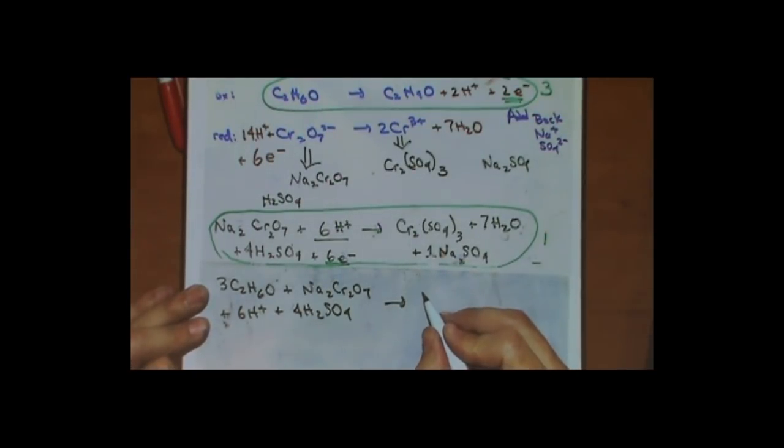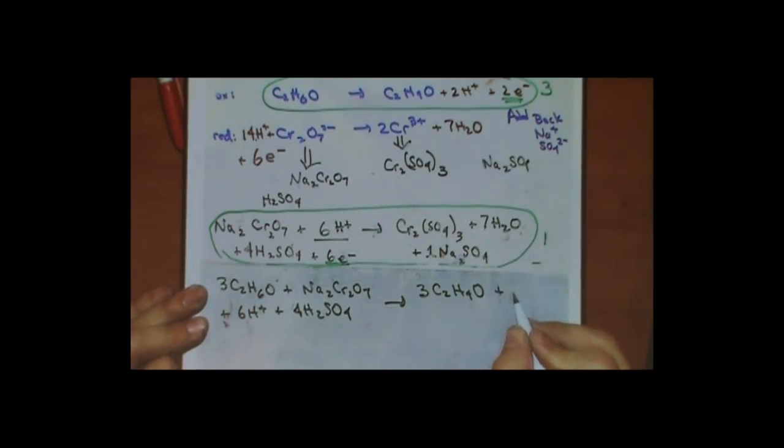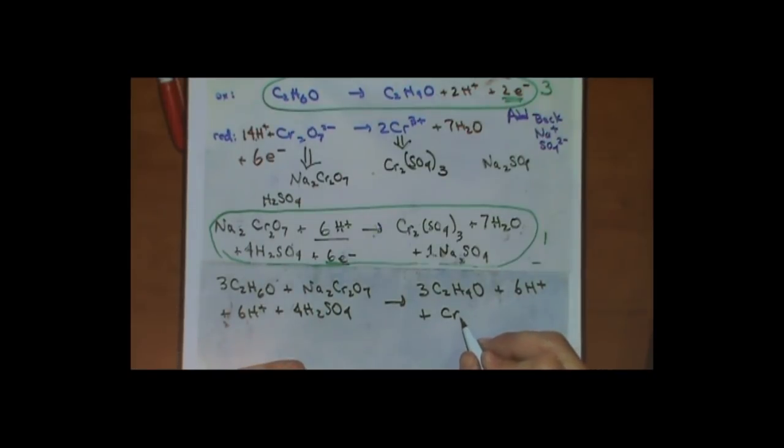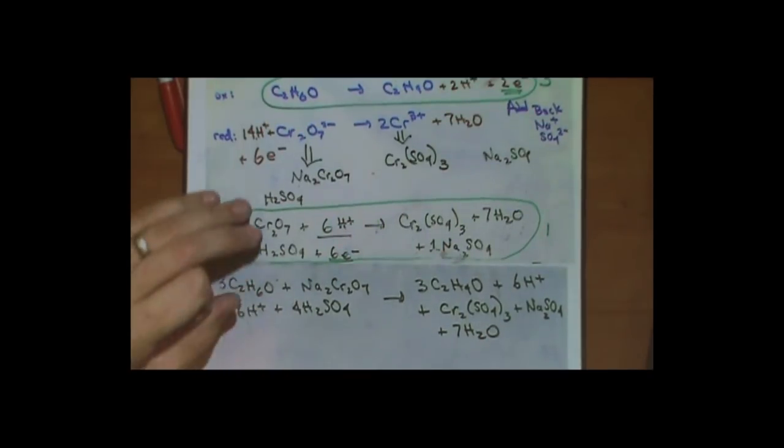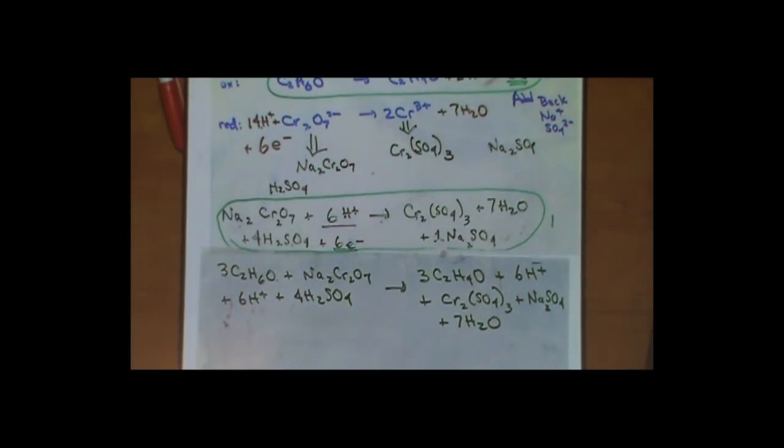Then all the products now. 3 C2H4O plus 6H+ plus chromium(III) sulfate, Cr2(SO4)3, plus sodium sulfate, plus 7H2O. I think I got everything, and if I did not miss anything, you are looking at the final answer.